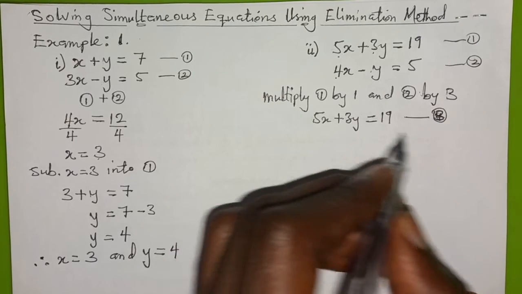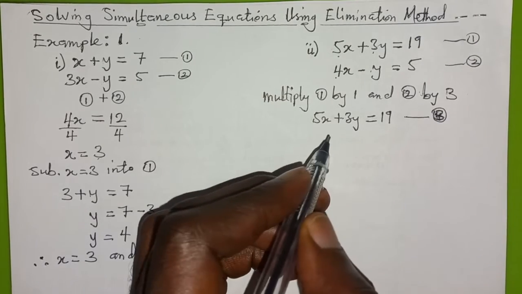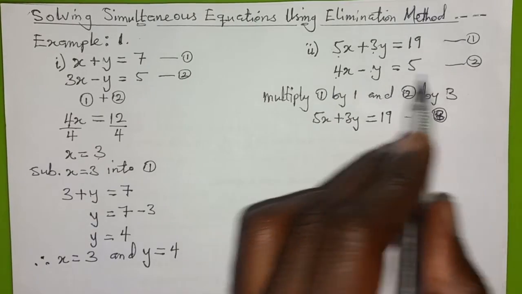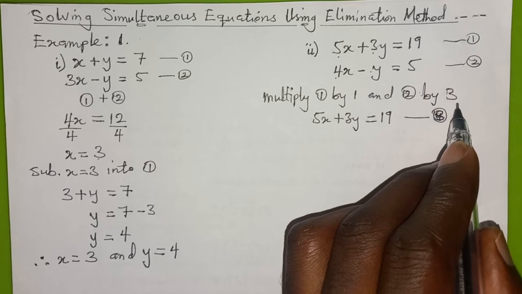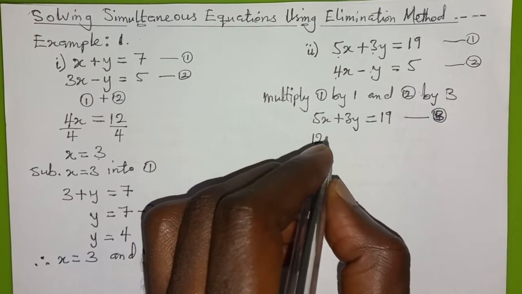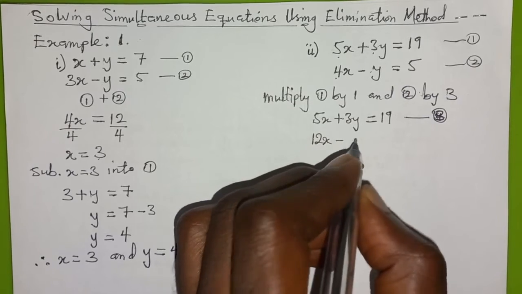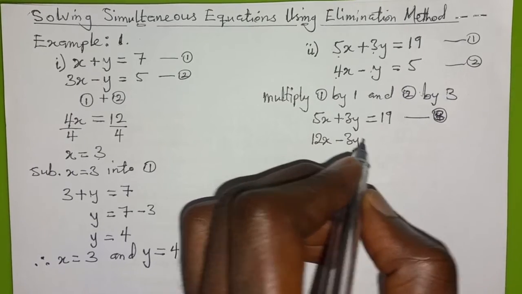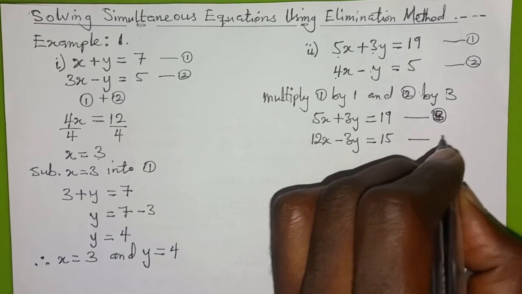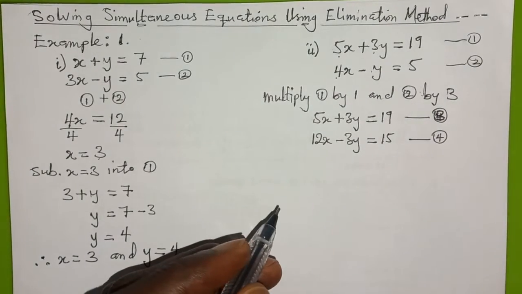So it looks the same, because any number multiplied by 1 is the same thing. In equation 2, we are multiplying it by 3. So this will become 12x minus 3y equals 15, equation 4.